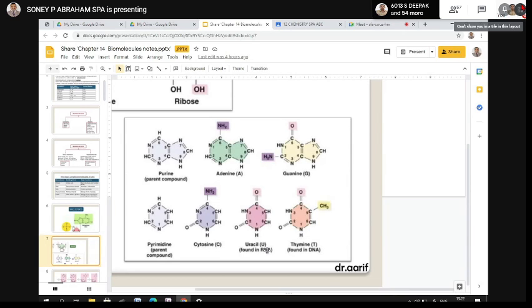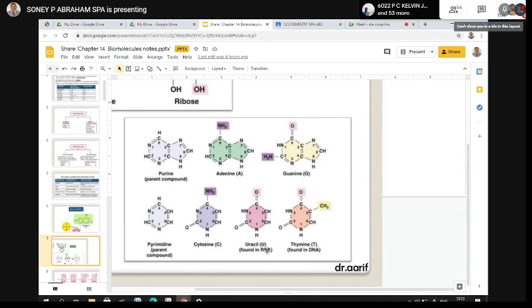In RNA, thymine is not there. Instead of thymine, you will have uracil. Only 4 nitrogen bases will be present, not 5. You have a total of 5, out of that only 4 will be present in a given nucleic acid.